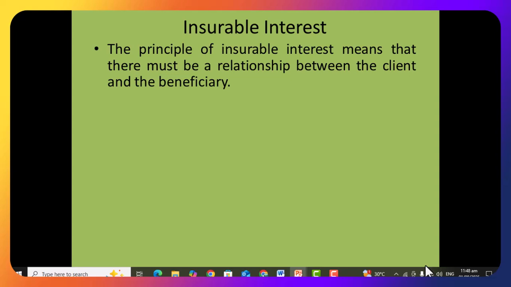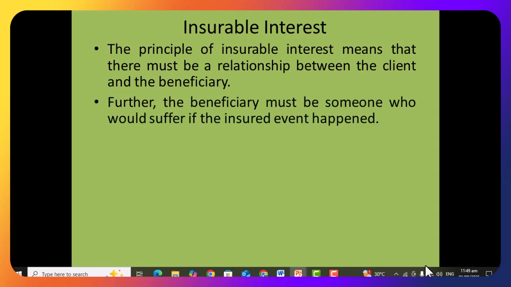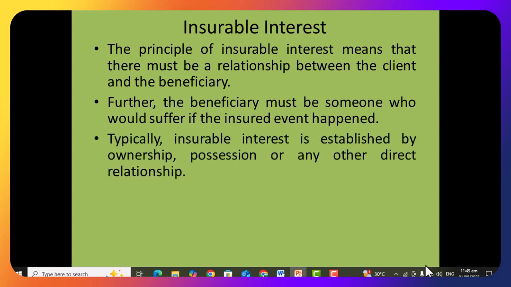So I shouldn't be insuring the car of my cousin or my friend, because I don't own it. The beneficiary must be someone who would suffer if the insured event happened. Typically, insurable interest is established by ownership, possession, or any other direct relationship.